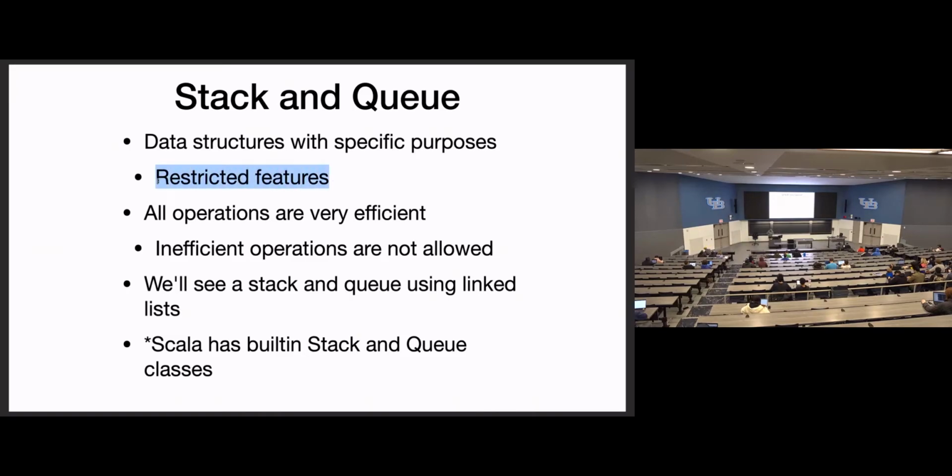So these are really like restricted linked lists where some operations are not allowed. The only operations that are allowed are very efficient operations, and for this context, those operations are actually all O of 1. So we can only have O of 1 operations on these things. The only methods that we're allowed to call are all going to be O of 1.